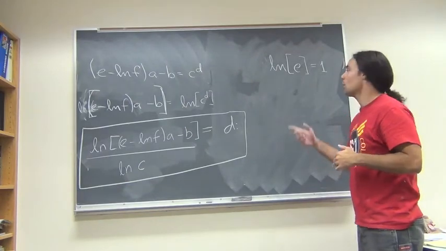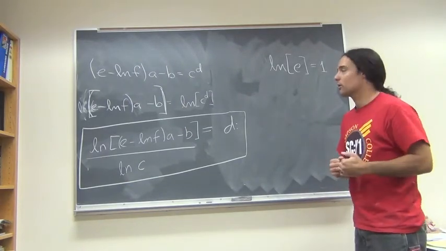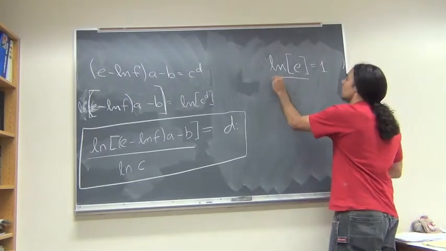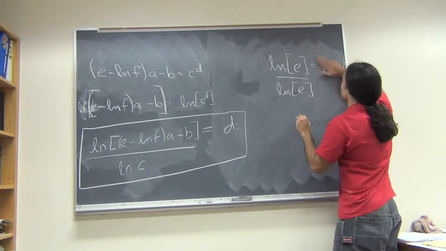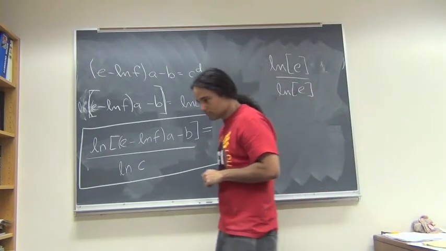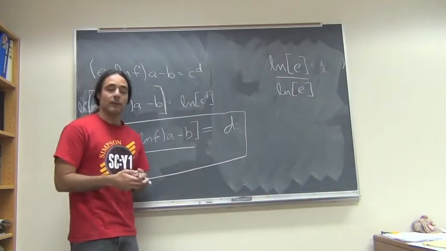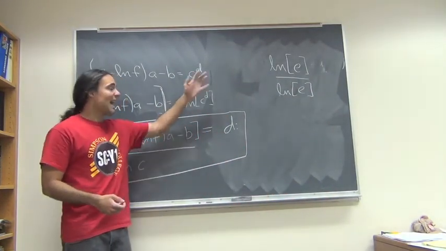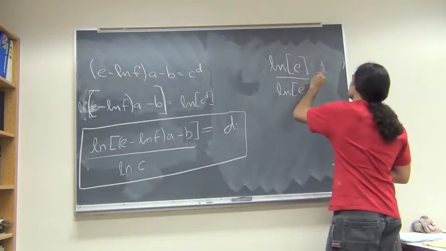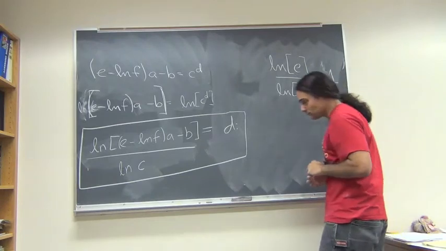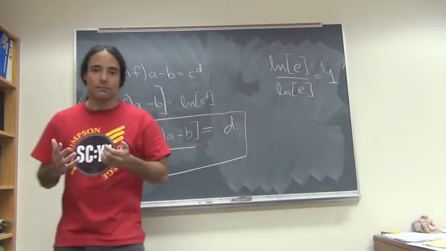So it's saying e to what power is e? Well, e to the first power is e. So let's say I took the log of e divided by e. Well, it doesn't really matter what you know about logarithms. Anything divided by itself is going to give you 1.